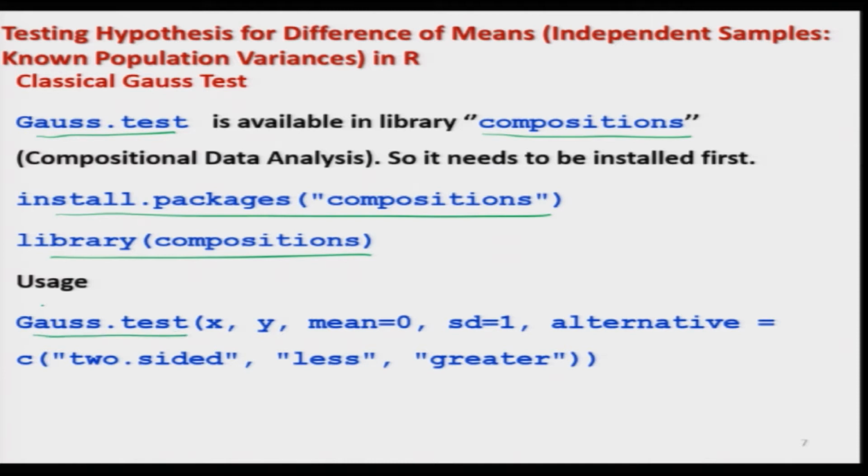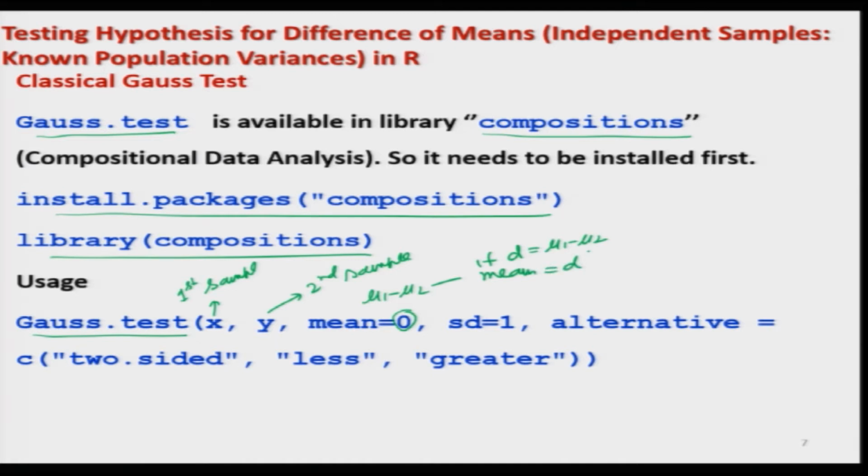G is going to be in capital letters, GAUSS.test, and now you have to give the data vector. So x is going to be the data from the first sample and y is going to be the data from the second sample, and then mean is actually the value of mu1 minus mu2. You have to be careful: if d is equal to mu1 minus mu2, then you can give this mean to be equal to d, some numerical value.